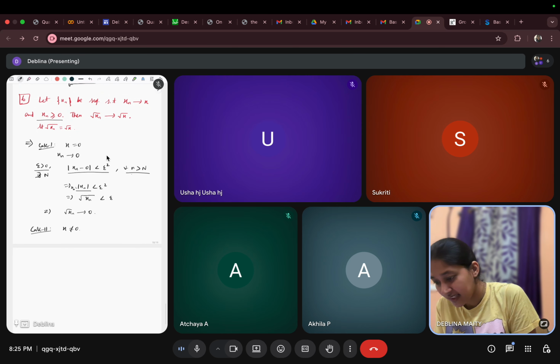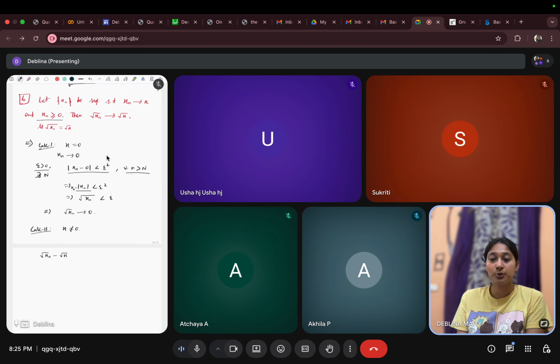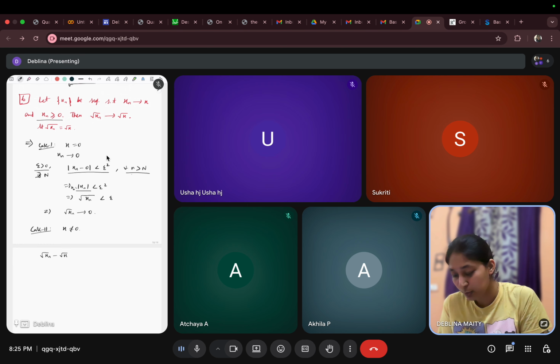So we are given xn converges to x. Now we are writing root over xn minus root x. We have to show that this is going to be 0.